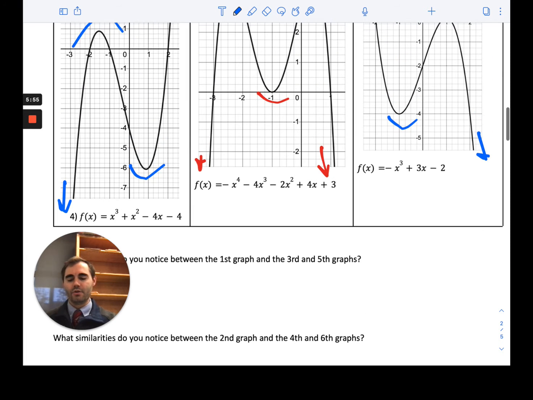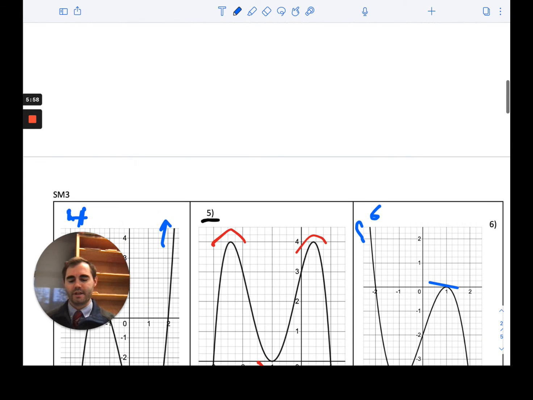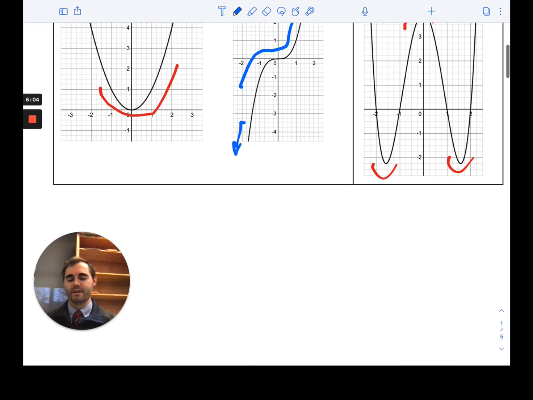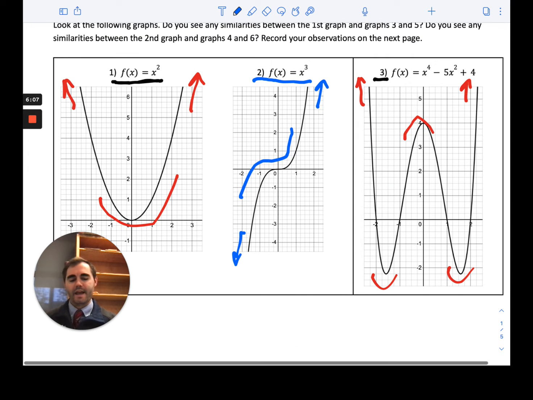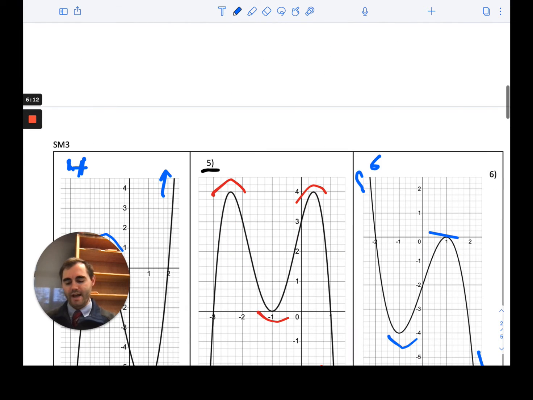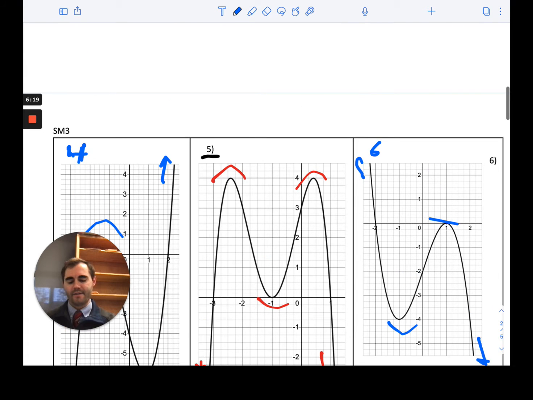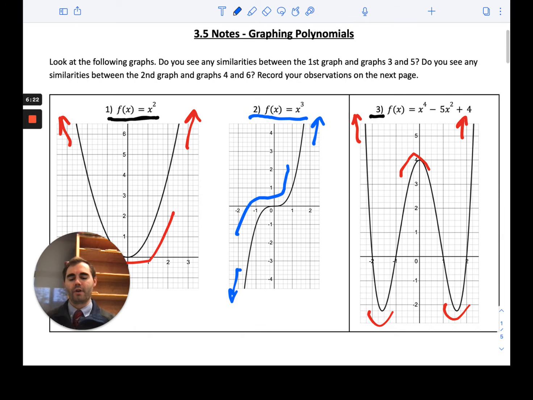So now that we've looked at the graphs themselves, I want you to take a look at the equation for graph number 1, which was our x squared graph, and compare it with the equations on graph number 3 and graph number 5, and see if you can see anything in the equation that might have a connection between the graphs here. Okay, so I'll give you a moment, maybe pause the video, see if you can determine what might be the connection between the graphs and their equations, why all those are similar to each other based off of their equations.